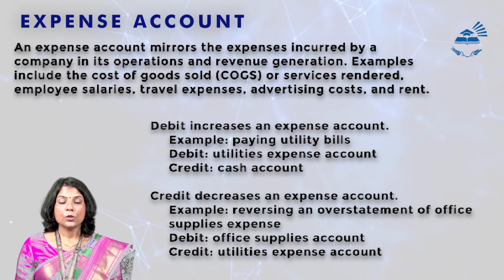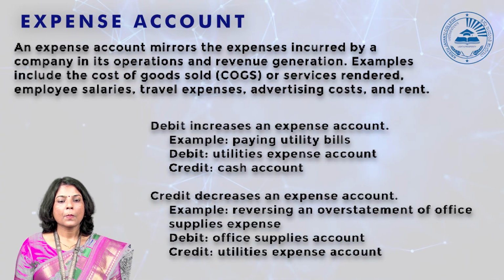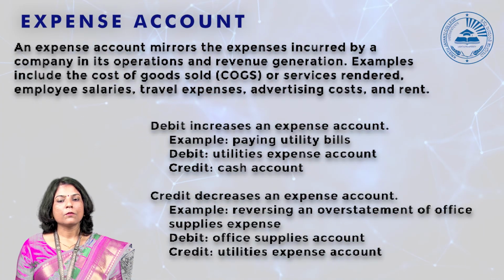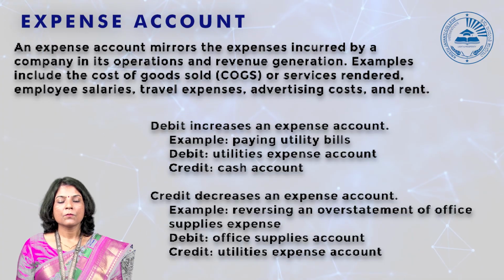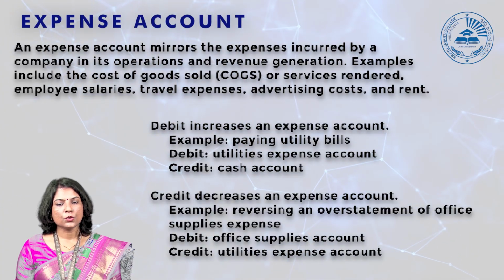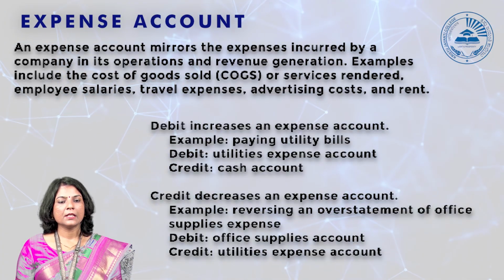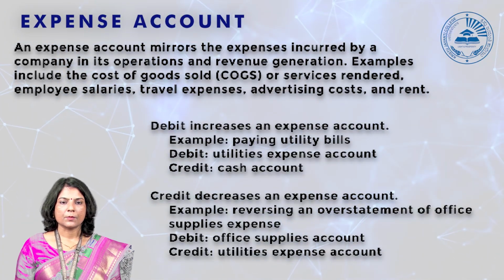And I told you a credit decreases an expense account. For example, reversing an overstatement of office supplies expense. There will be two accounts, office supplies and utilities expense. So the debit will be the office supplies account and the credit will go to the utilities expense account.